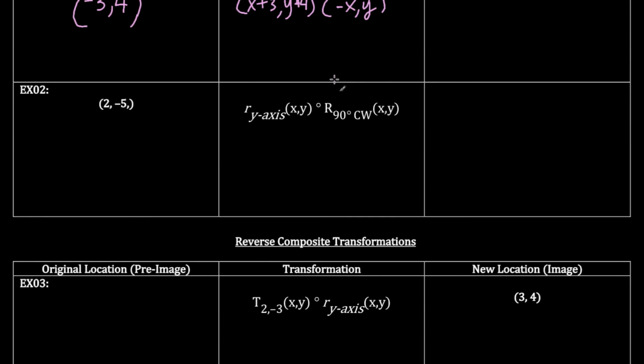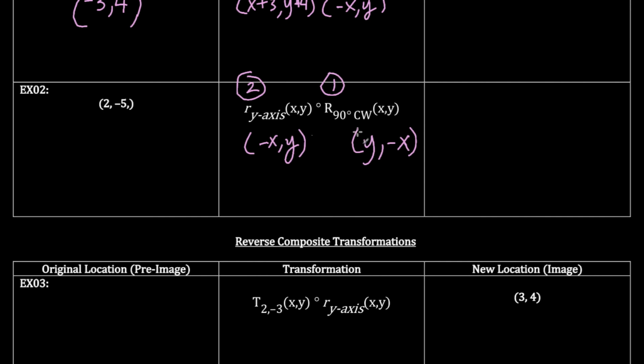So remember that this is actually the first transformation. This is the second transformation. So reflection over the y-axis, that would be negative x comma y. And rotation of 90 degrees clockwise is y, negative x.